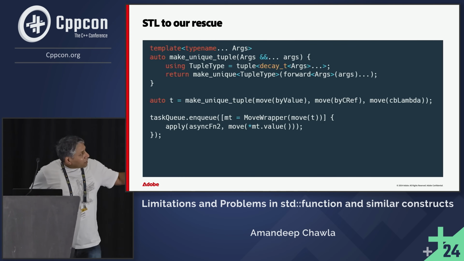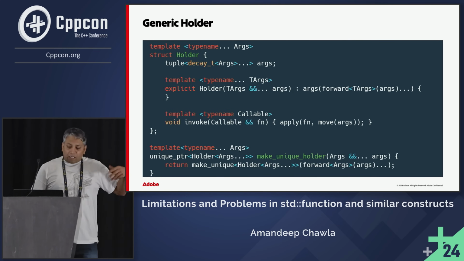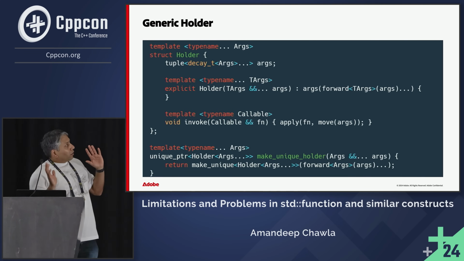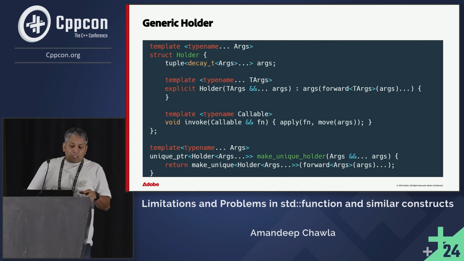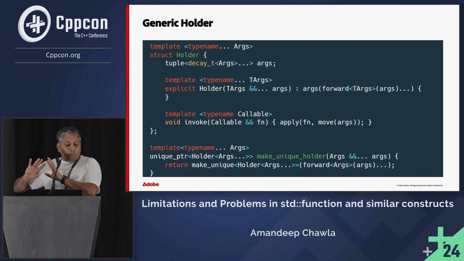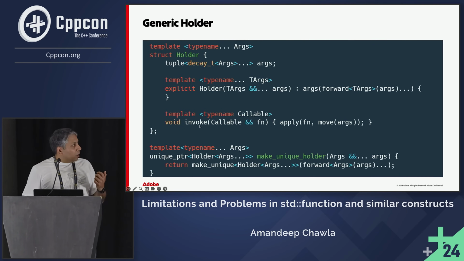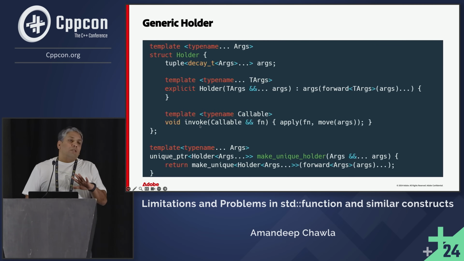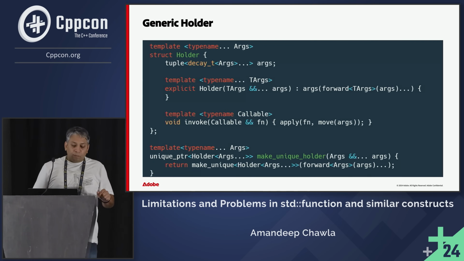So std::tuple looks nice, but let us wrap it in a holder where we just have one data member, args, which is just a tuple of decayed types. And while creating the holder, I just forward everything to the tuple, and I provide a very handy function on that which says invoke, and invoke will just say, give me the function and I will use those args and invoke it for you.